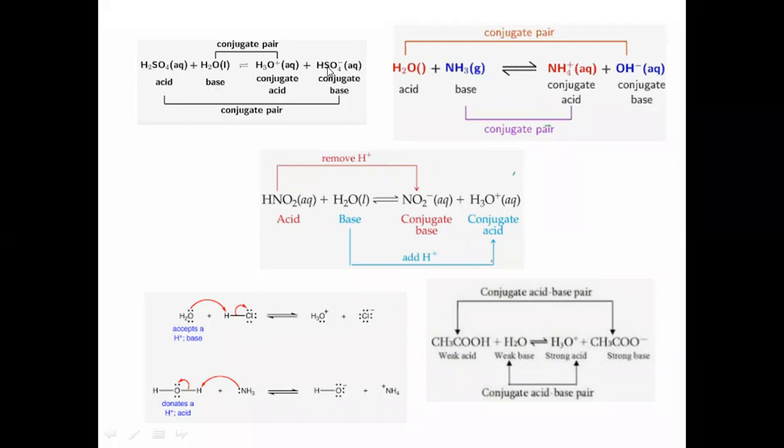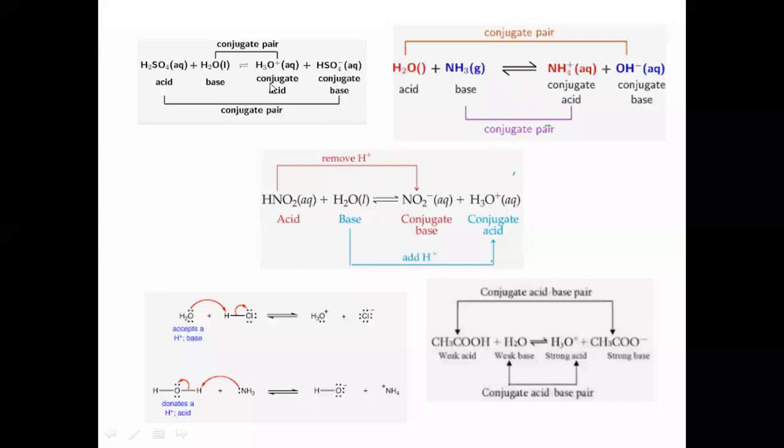If you look at the right-hand side, if the reverse reaction is taking place, the proton donor is H3O plus, which has one proton extra. And HSO4 minus is the proton acceptor. So on the right-hand side, this is the acid and this is the base, but we cannot call this a real acid because it is generated because of this reaction.